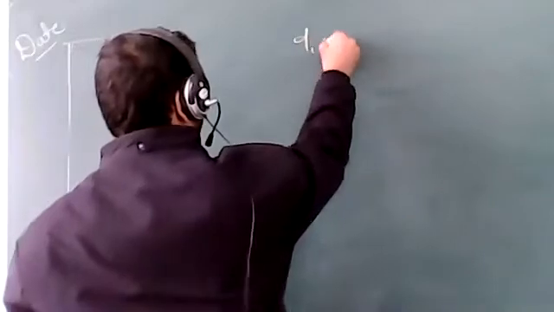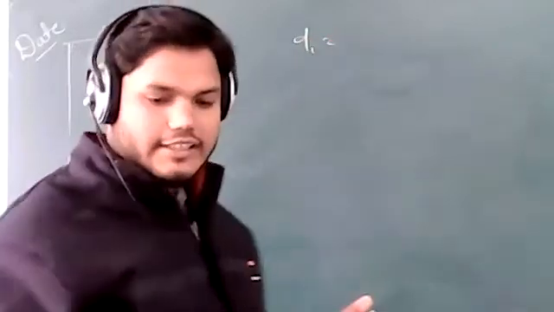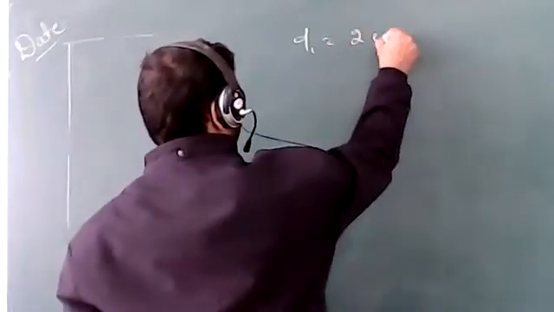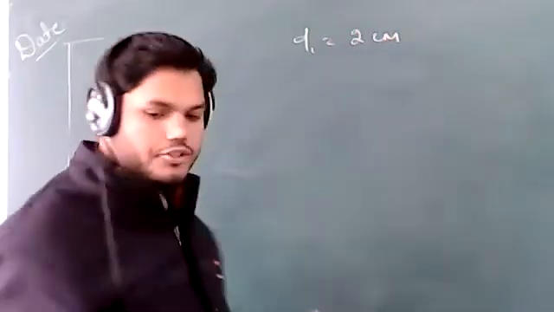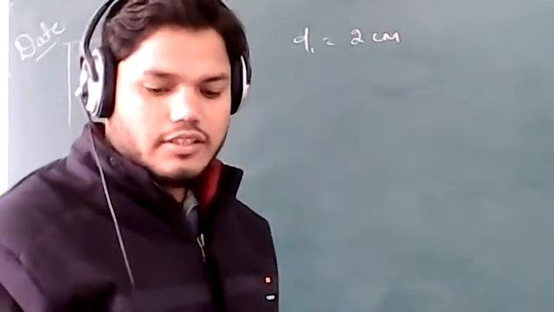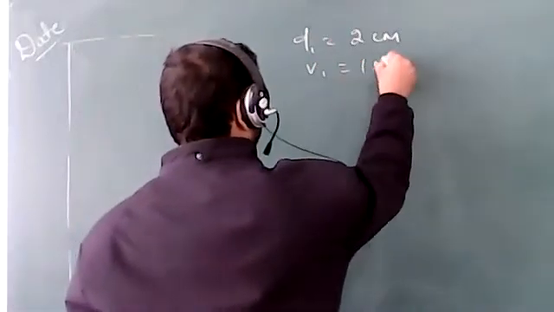First we have to note down what is given. D1 equals 2 centimeter, and the speed at that time was 1 meter per second, so the velocity v1 equals 1 meter per second.